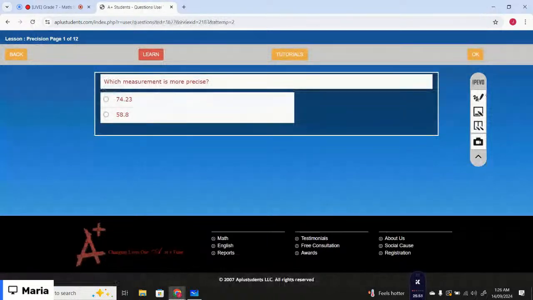Which measurement is more precise? You are given 74.23 and 58.8.